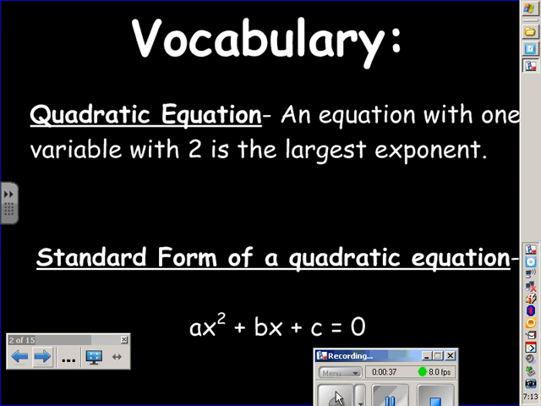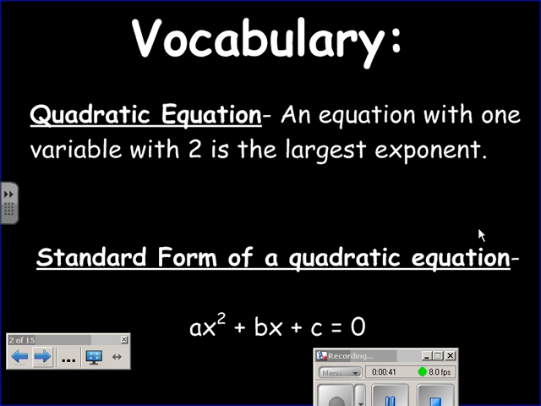A quadratic equation is an equation where the variable has an exponent of 2. That means there's only one variable in the equation, and the largest exponent is squared, or 2, something to the second power. When we write a quadratic equation in standard form, it's going to look like this right here.